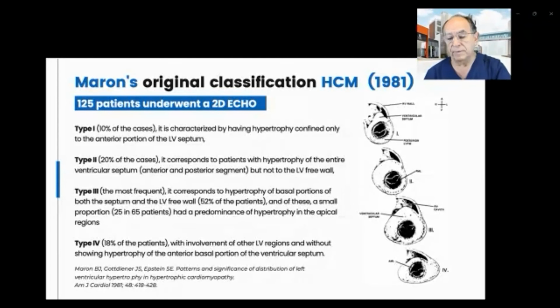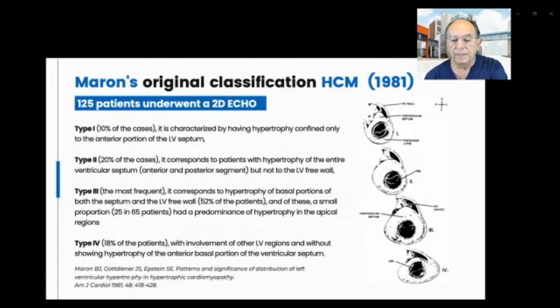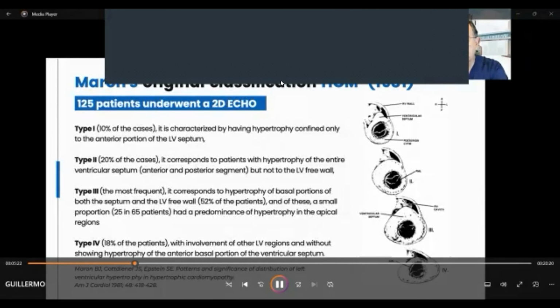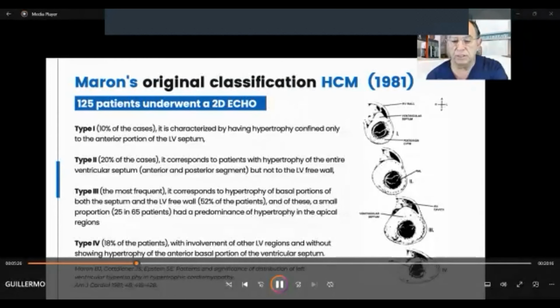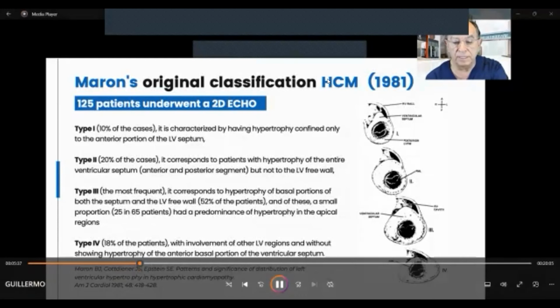In this time, it was only possible to clearly evaluate the alterations in the basal segment of the left ventricle. For this evaluation in the short axis, he decided to use type 1, type 2, type 3, and type 4 for patients with this disease.